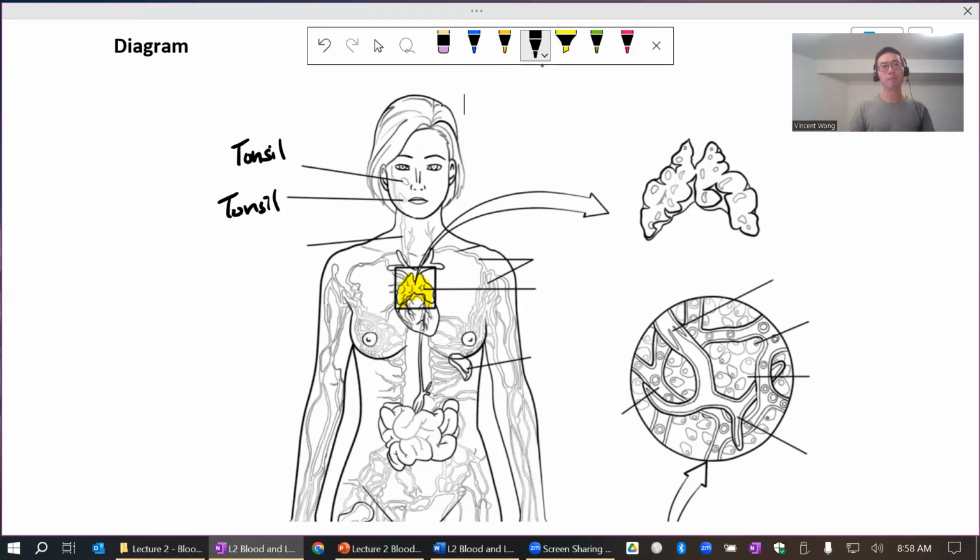Some people have what they call rocks, which grow in the tonsil and it hurts when you swallow. The rocks are basically calcium deposits, and they have their tonsils removed. You're fine without your tonsils. You might get more susceptible to infection, but as a person, for the most part you're fine.